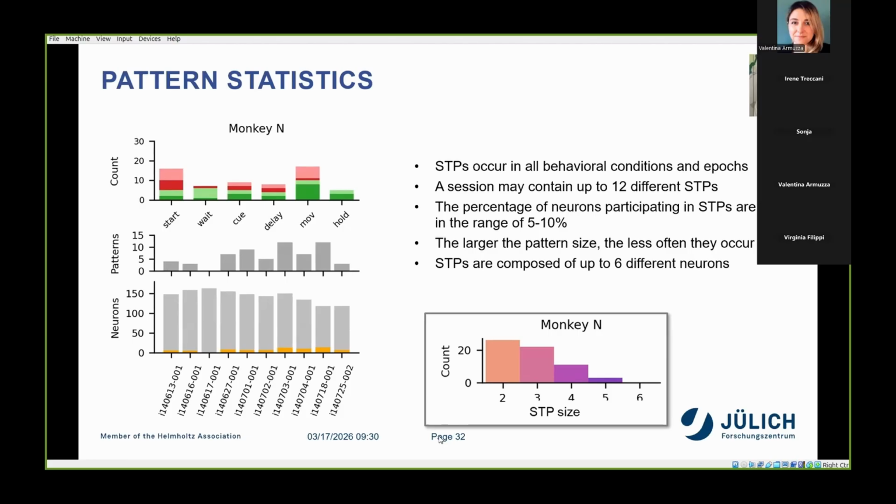One question. Is it possible to know the source of the synchrony? Depending on which pattern you find, maybe they are electrically coupled with a gap junction, or they have the same input, or one excites the other. Can you know the source of the synchrony depending on the pattern? That's the problem. No, we can't. There is a lot of theoretical work where people try to derive the connectivity from the correlation.